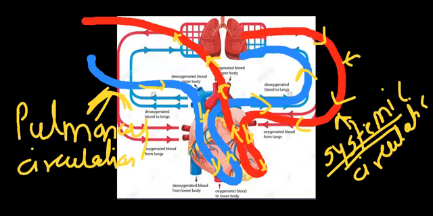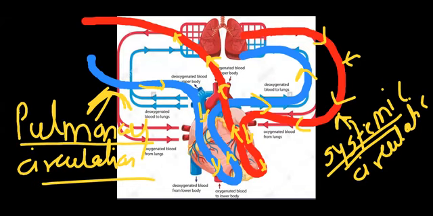Okay, so how can one define double circulation in all? So children, double circulation is a kind of circulation where blood flows through the heart twice. One in a pulmonary circulation, that is from other body parts blood enters the heart, and from heart the blood goes to the lungs.